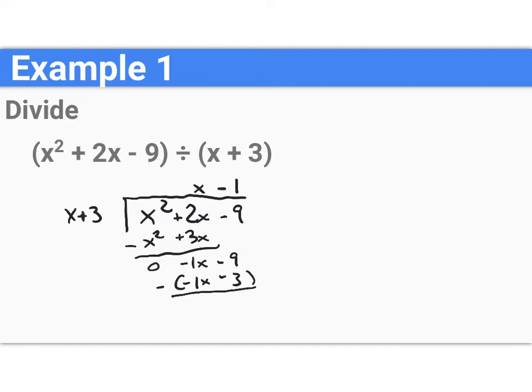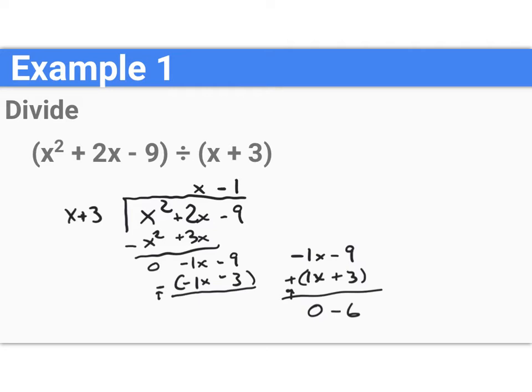So you know what? Let me rewrite this so that you don't get confused. I got negative 1x minus 9 over 1x plus 3. And I just changed the negative out here to a positive, and then I changed the sign inside. So you get 0 minus 6.